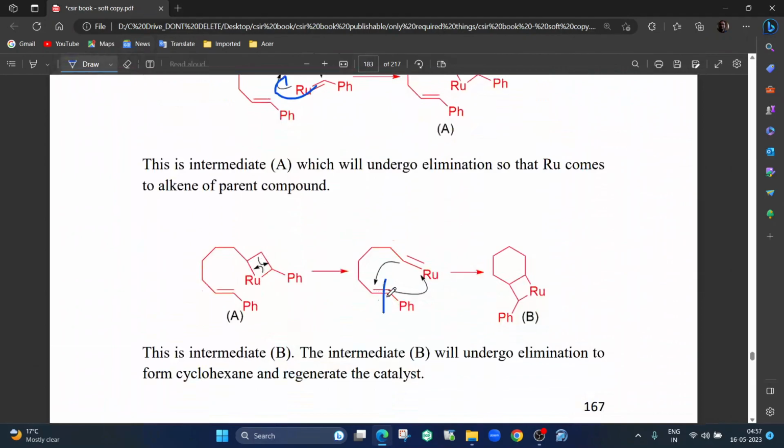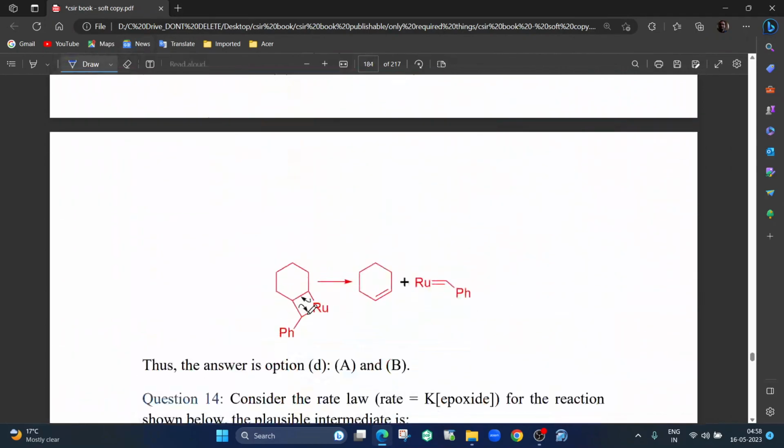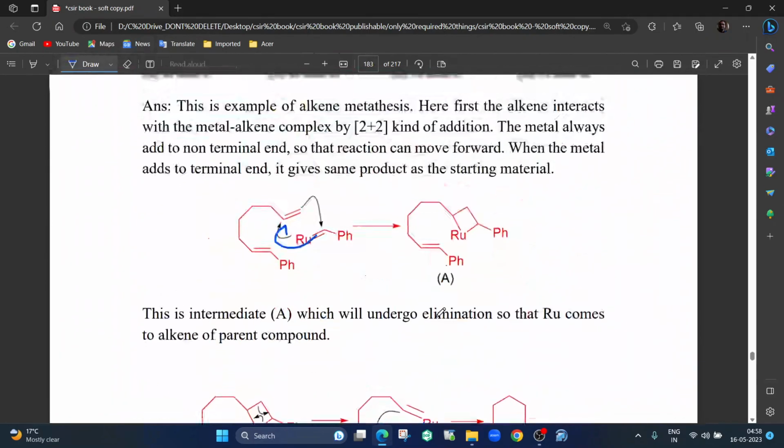Whatever has to get out, this part goes and attacks the ruthenium, this comes here, so that you get this, and then this will break up and you are getting this ring and you are getting this. So the answer is option D, intermediates A and B.